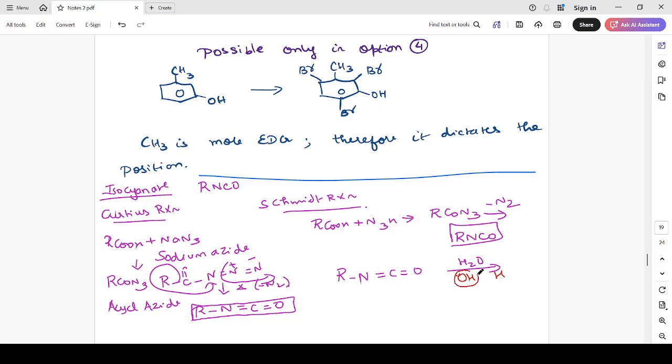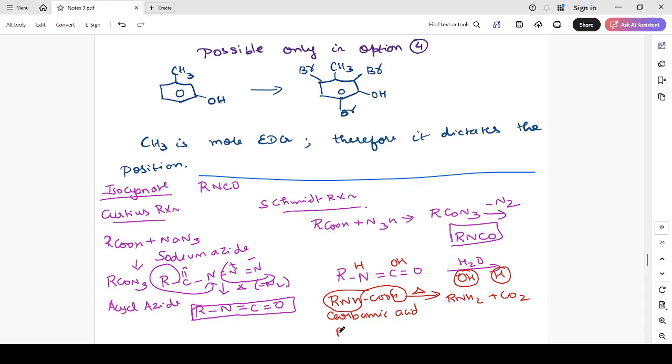OH and H: the negative part gets added to the carbonyl and hydrogen gets added to this NH. So I have RNHCOOH. This acid is called carbamic acid. This upon heating forms RNH2 plus CO2. Since carbon dioxide is a gas and it wants to leave, the following step releases carbon dioxide.